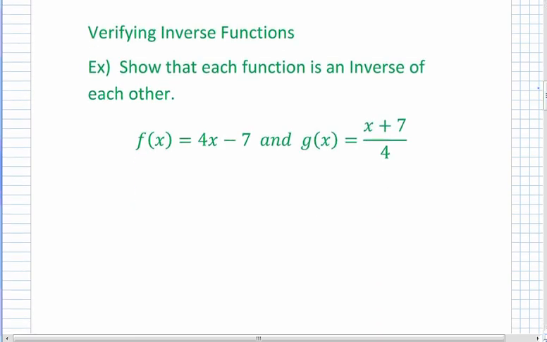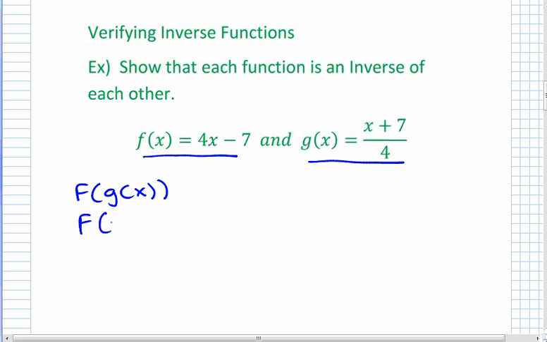Now, next thing we're going to do is verify that functions are inverses. So here I have two functions, an f function and a g function, and I want to verify that they're inverses. So what I'm going to do is the compositions. So first I'm going to do f of g of x and see what happens. So that means I'm going to substitute in x plus 7 over 4 for g of x.